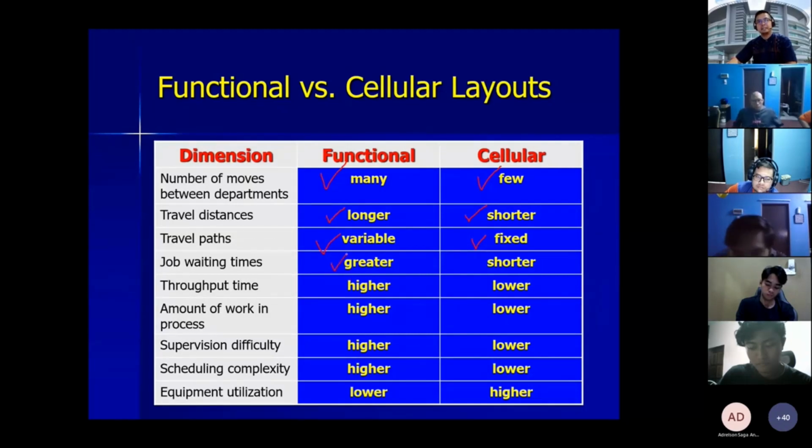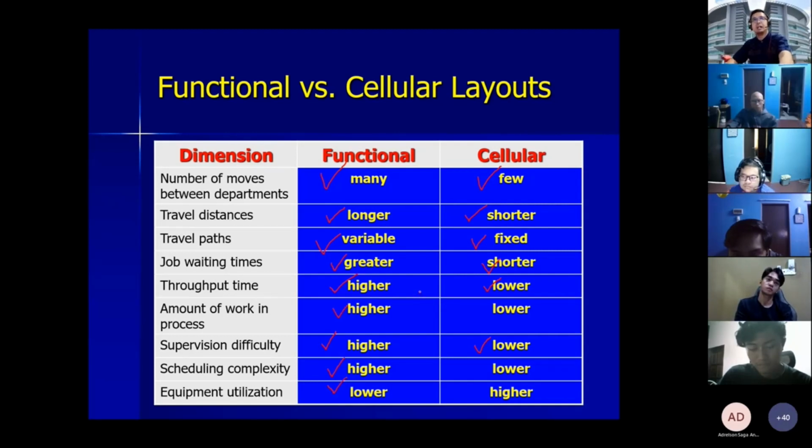Job waiting time is greater versus shorter, throughput time higher versus lower, and supervision difficulty is higher for the functional compared with lower for the cellular. And other things such as scheduling compatibility, equipment utilization, and others.